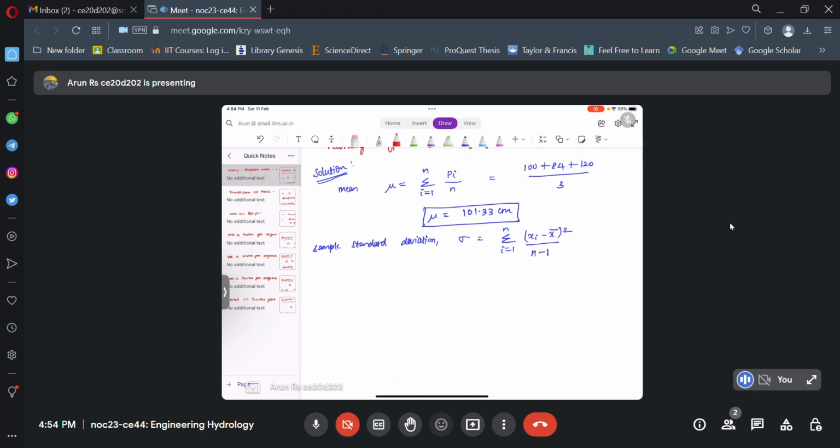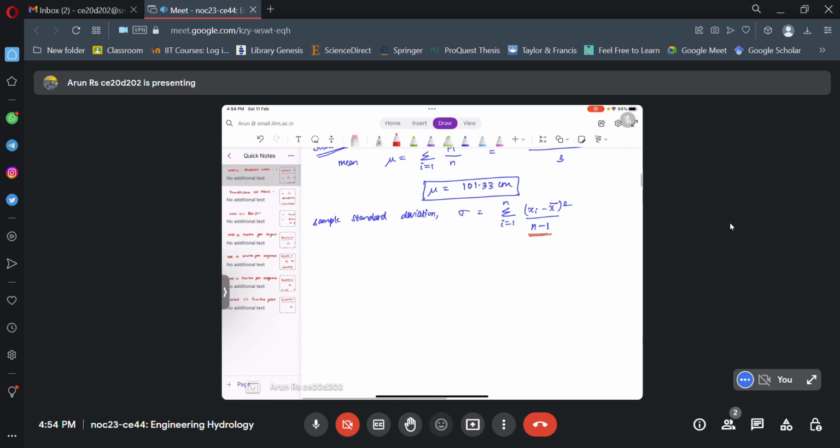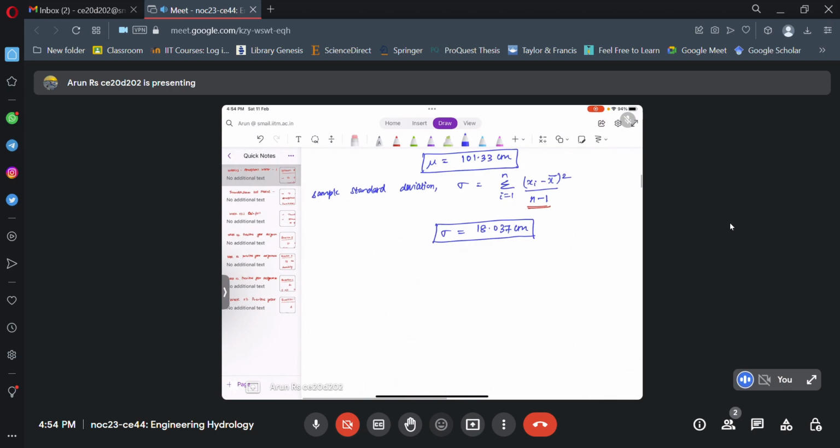The sample standard deviation will have an n minus 1, and this value is found to be 18.037 centimeters. Now we have the mean and the standard deviation.